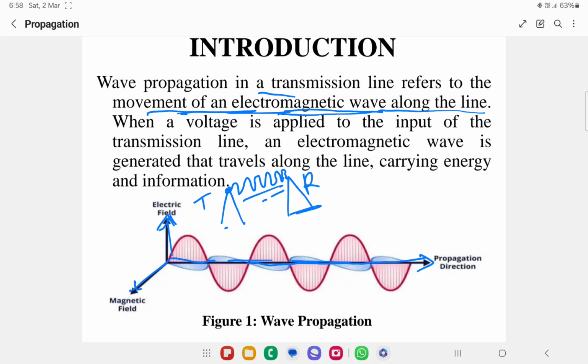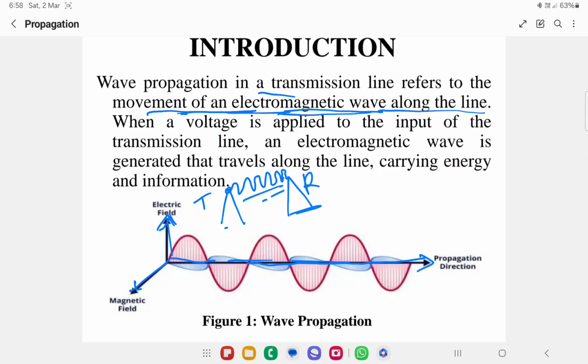When we are transmitting an electromagnetic wave through an unguided medium, the ways in which the signal can propagate are important. Depending on the propagation, we have different types of unguided transmission.